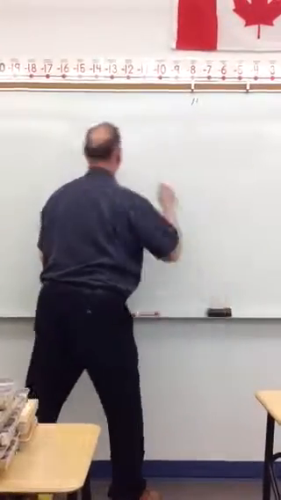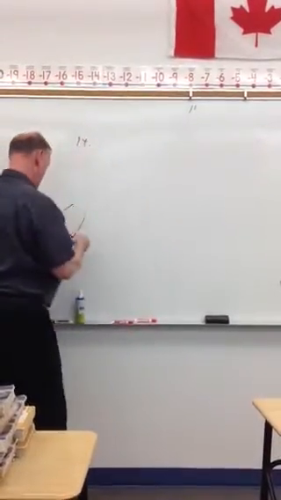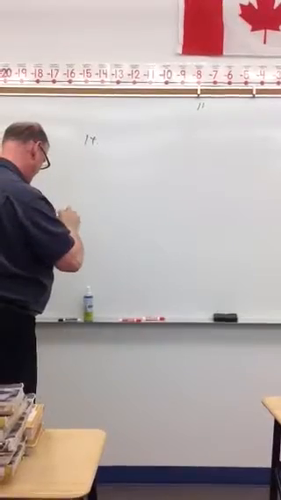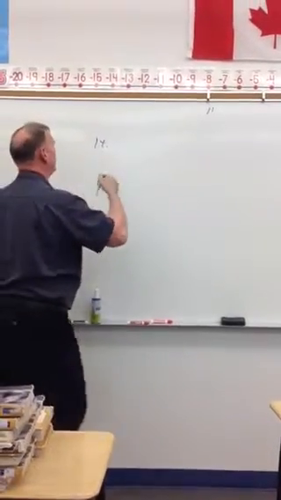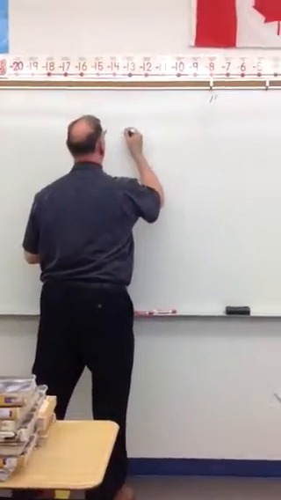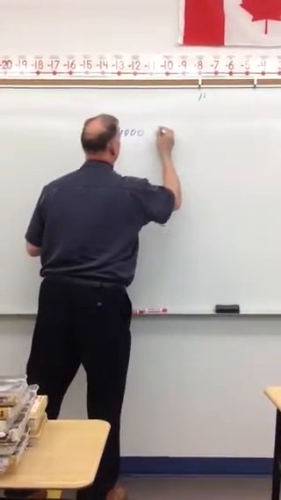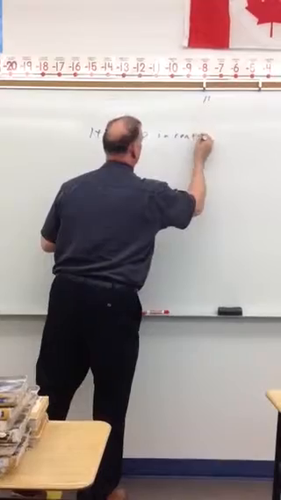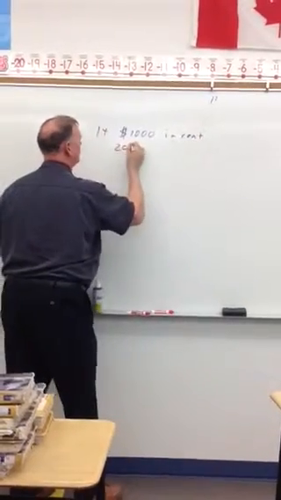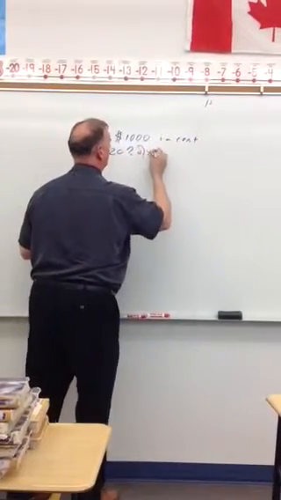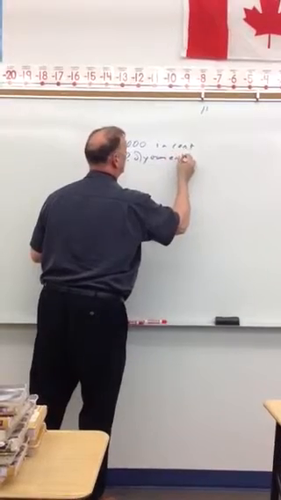Number 14 on the test consists of, all right, so you're paying $1,000 a month in rent. This is 20% of your entire wage.